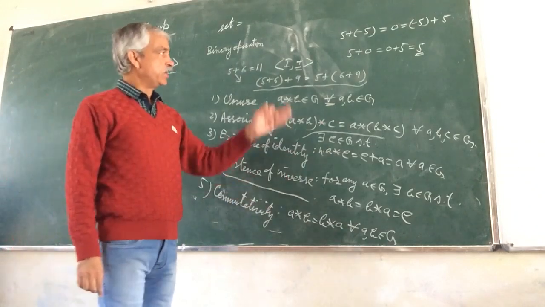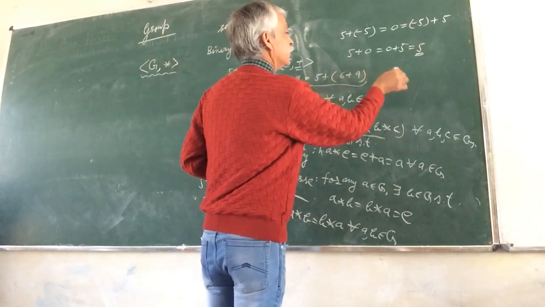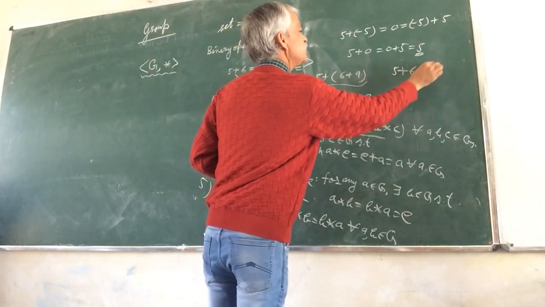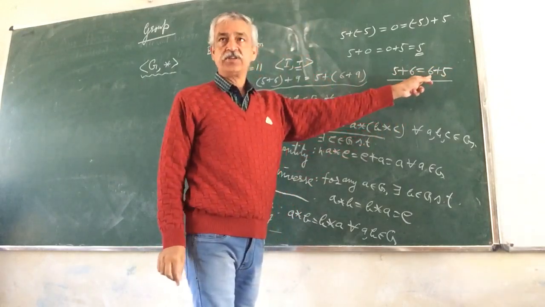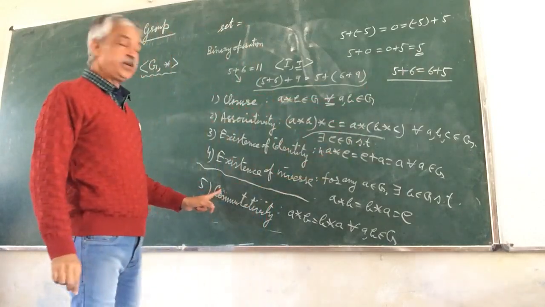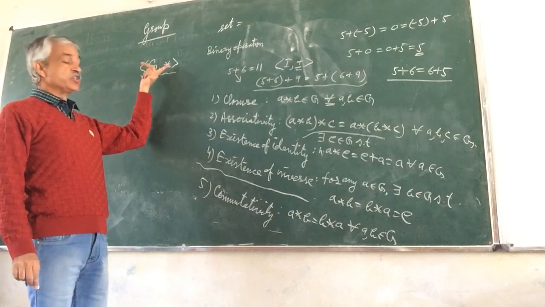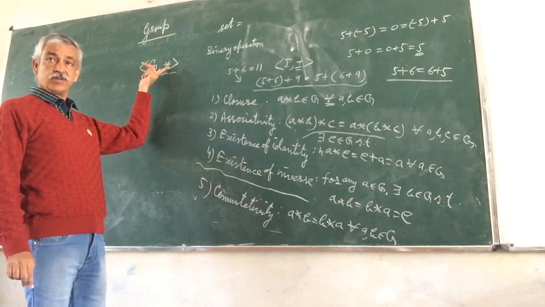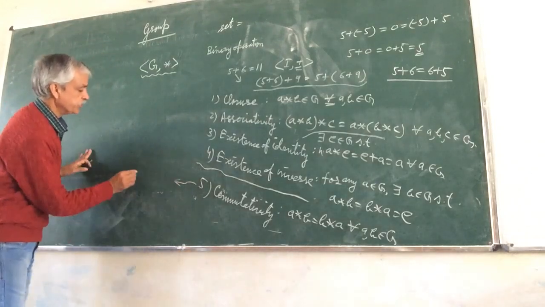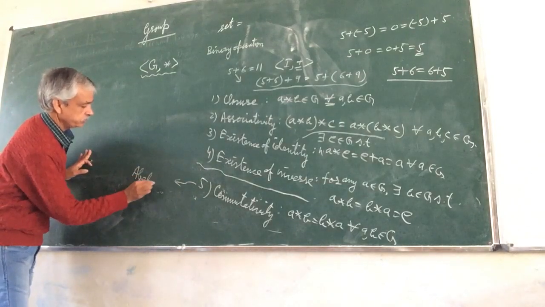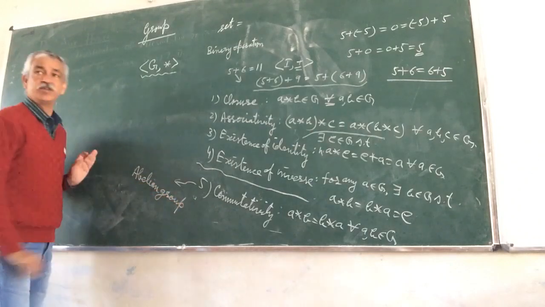Going back to our example, this property means that 5 plus 6 is always equal to 6 plus 5. So this property is commutativity. If this fifth property is also satisfied by an algebraic structure or a group, then the group is called an abelian group.